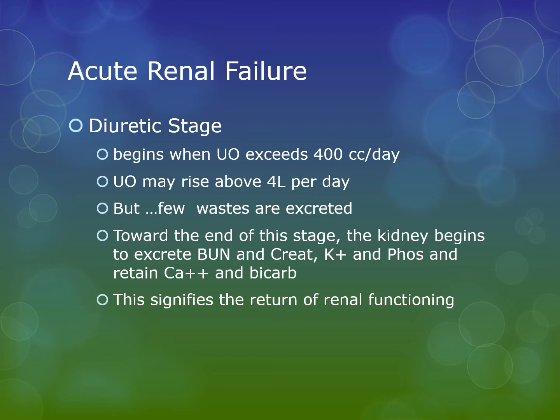And so they're not going to get markedly better until later in this diuretic stage, when we start seeing that the BUN and creatinine start heading back down, and the potassium heads back down, and the phosphate heads back down, and then we begin to retain calcium and bicarb. That's what actually signifies the return, or at least the beginning of the return, of renal functioning.